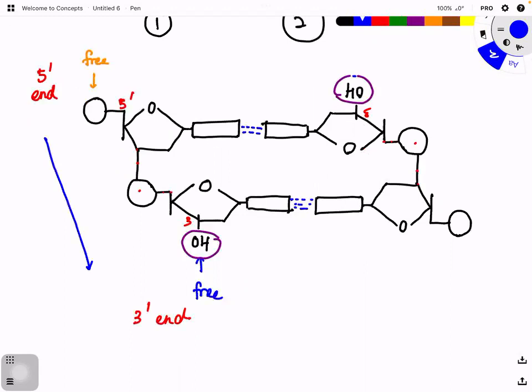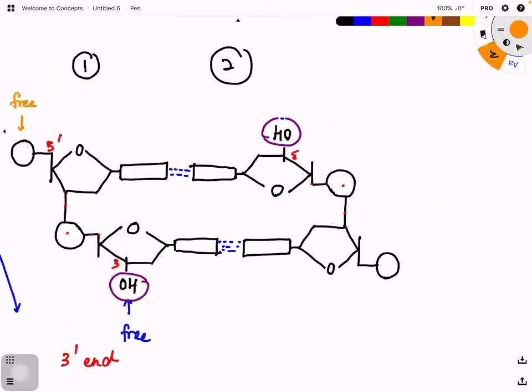Now here, look at this OH group. This is the free end, so it's 3', carbon 3. This one, the phosphate, is a free end attached to carbon 5, so 5'. So now top down becomes 3' to 5'.